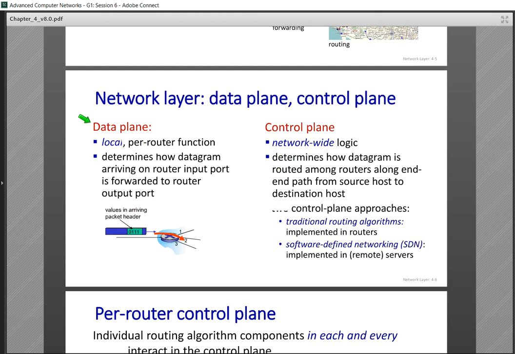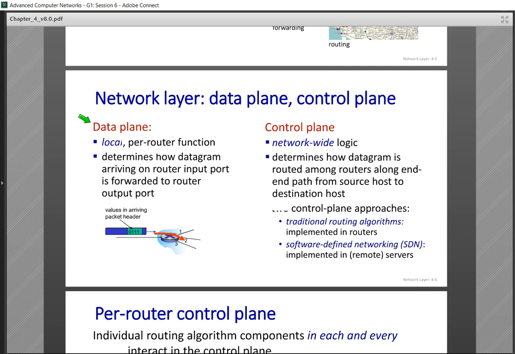We can divide a network layer into two different sections. The first one is data plane, and the second one is control plane.